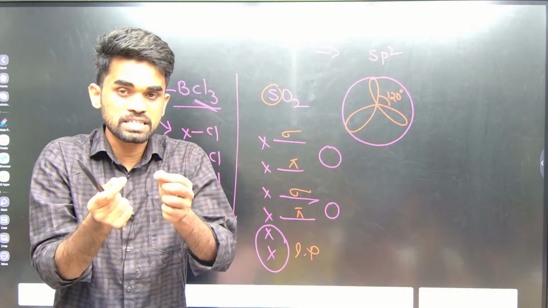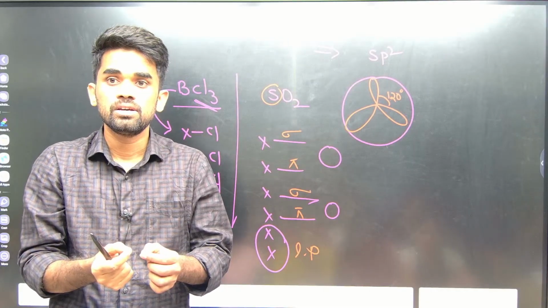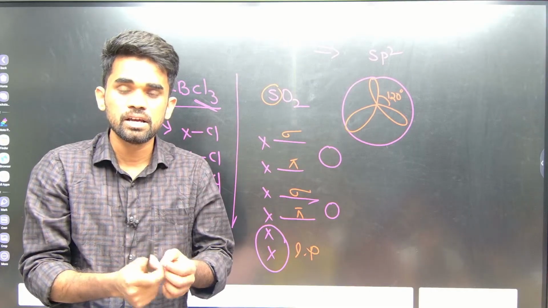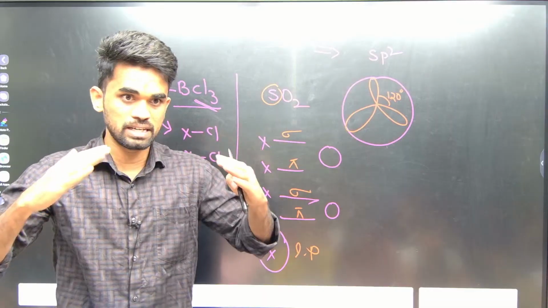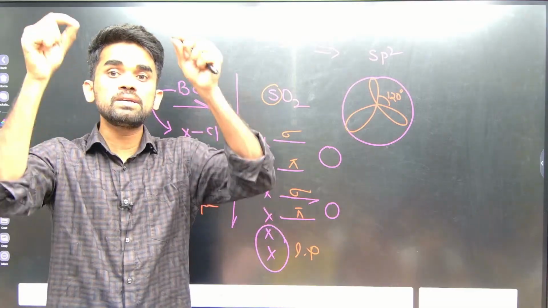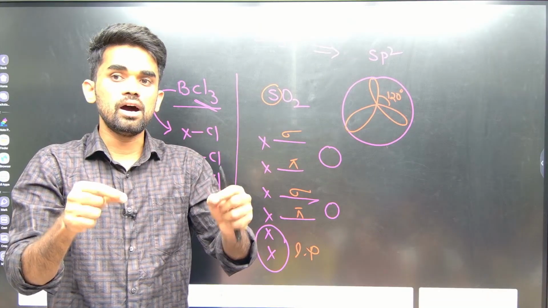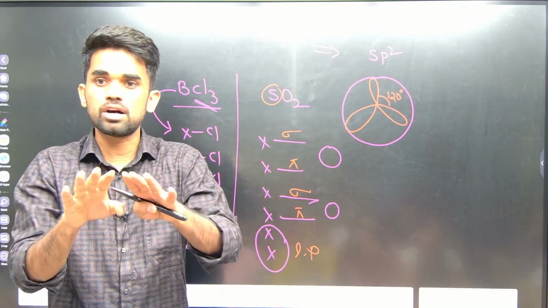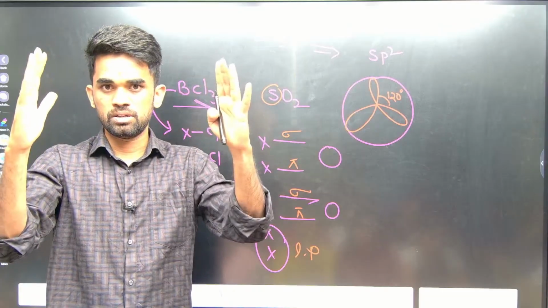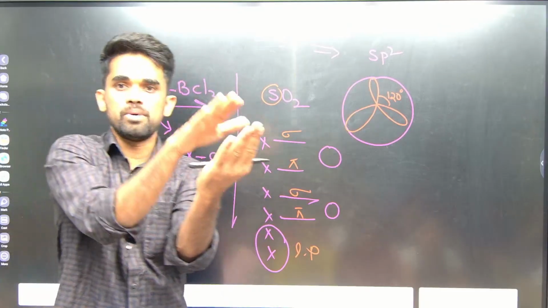When we are constructing the structure, you need to make that structure framework using sigma bonds only. So pi bonds do not contribute to structure formation.